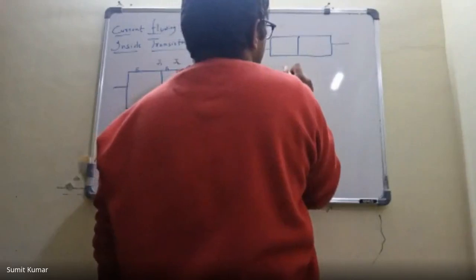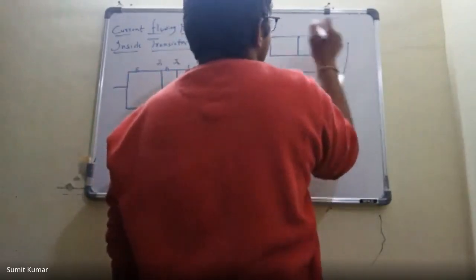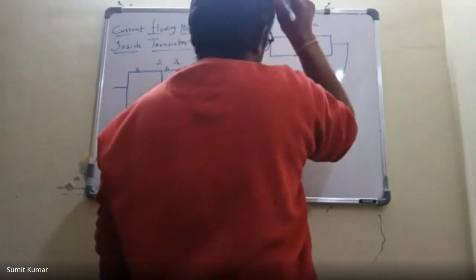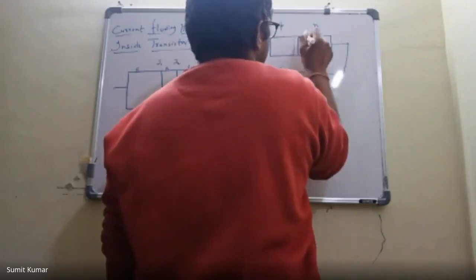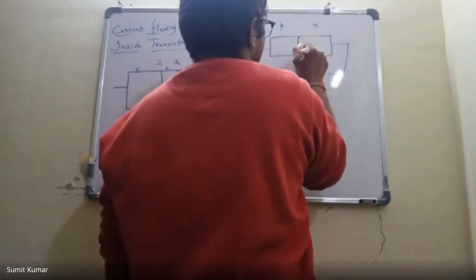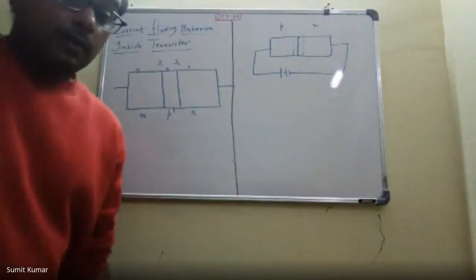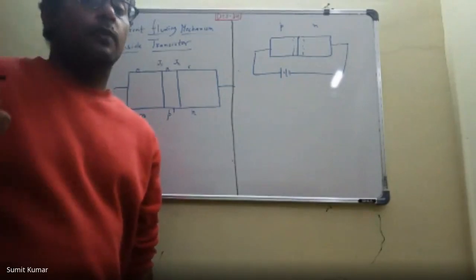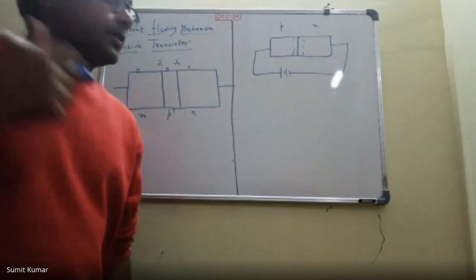And we are providing a forward bias. And we know what is happening here. Initially there was a depletion layer, all the things that we have studied in the PN junction: the depletion region, the diffusion process. The diffusion process is because of concentration gradients.